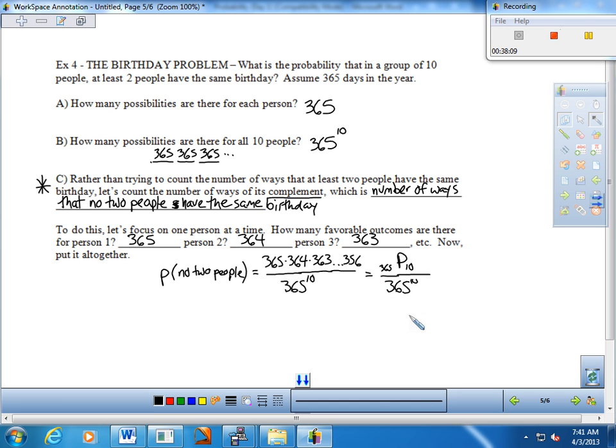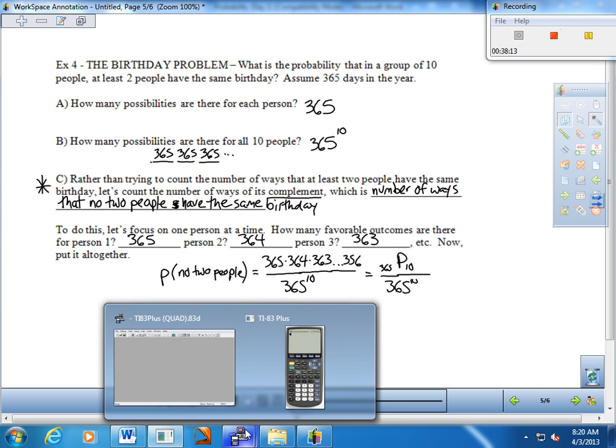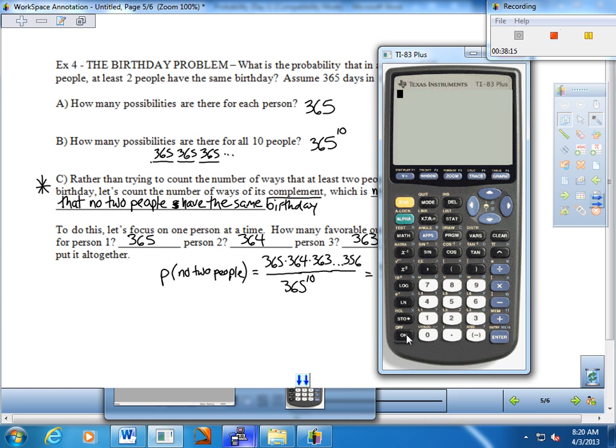Let's get that. I'm going to bring my calculator up, and again, we'll wrap this up momentarily. Stay with me. I think it's a good little problem. So 365, I go under math. So 365 P10. Oops, and I accidentally hit 11, so let's do that again. 365 P10. There we go. And I've got that piece right there.